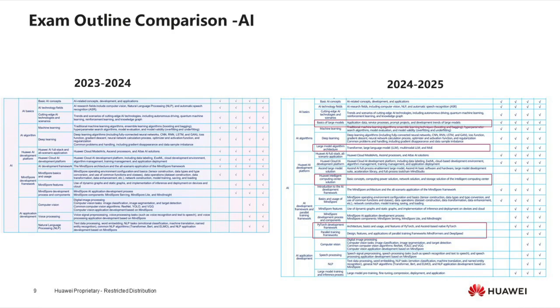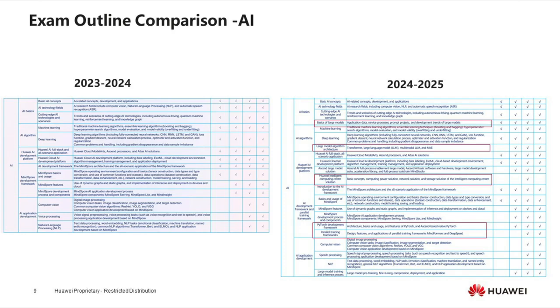But don't be scared. It's going to be fine if you follow our advice and get prepared. So now let me zoom out this table a little bit and show you. In this table, I have used the red lines to highlight the added contents.